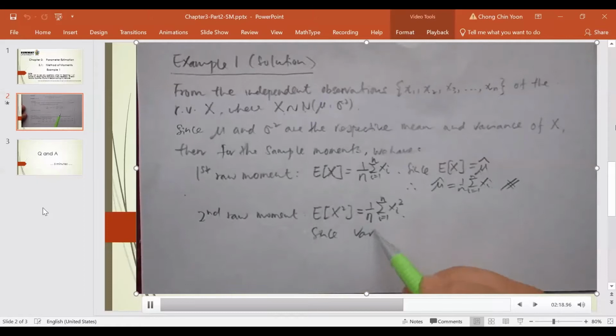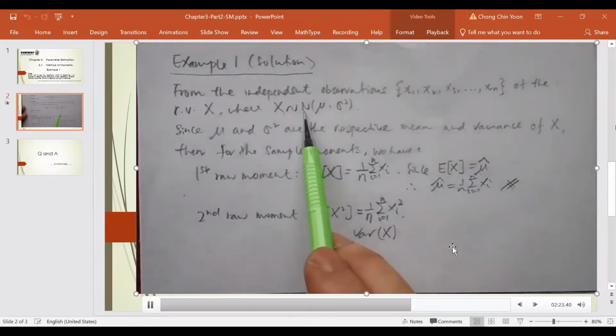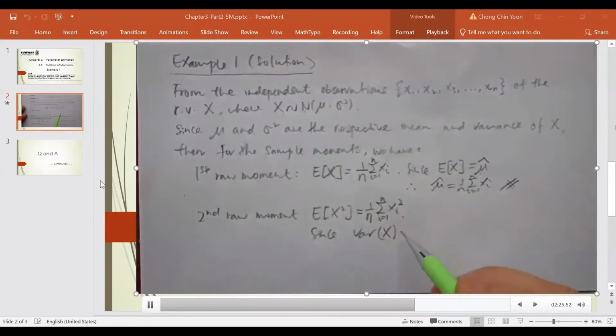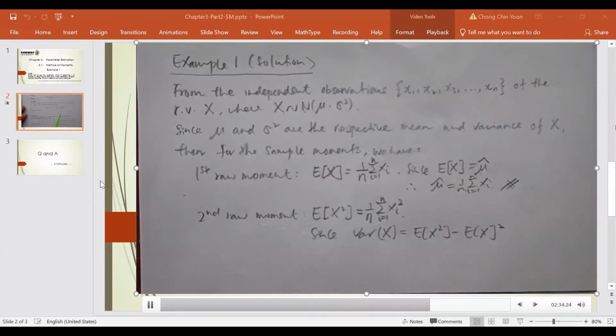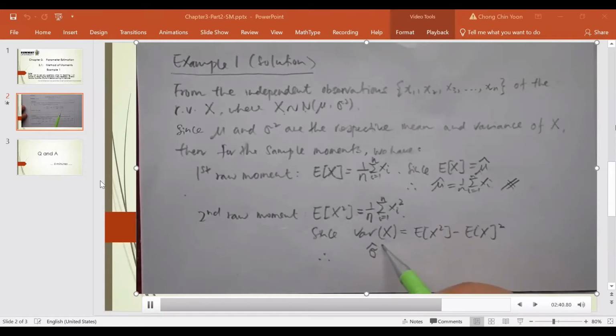Since the variance of this random variable X, which is normally distributed, is equal to the second raw moment minus the first raw moment squared, therefore this variance is the estimate of sigma squared, which is equal to the second raw moment result from the sample moments.